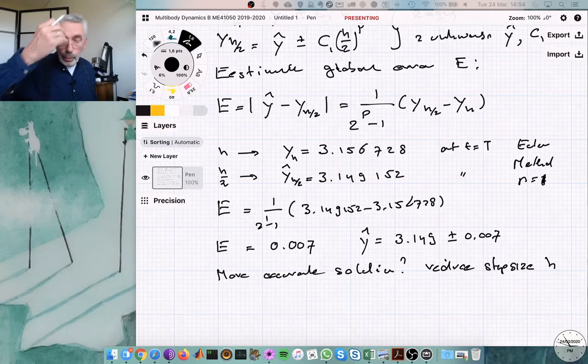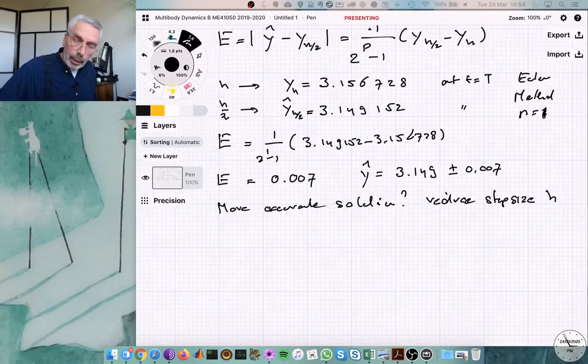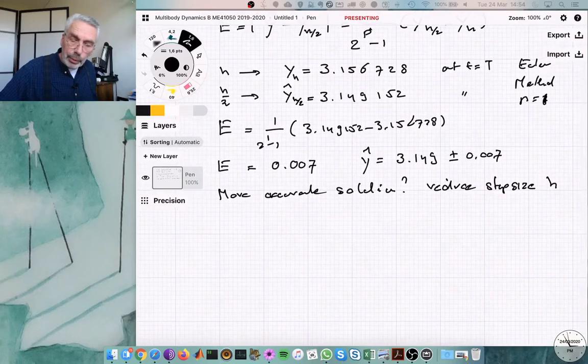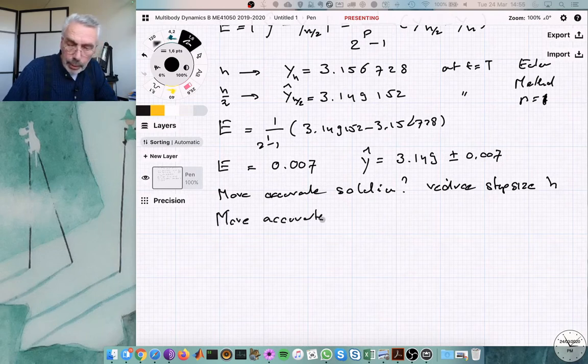Okay, so now we know the different methods, and we know how we can estimate what the error is, but as important or even far more important than accuracy is stability.